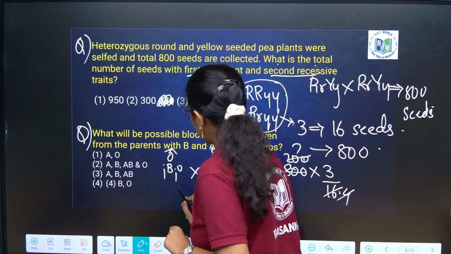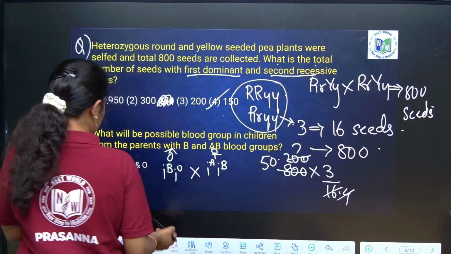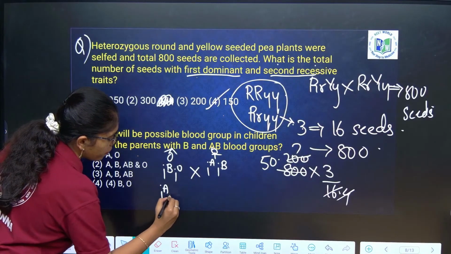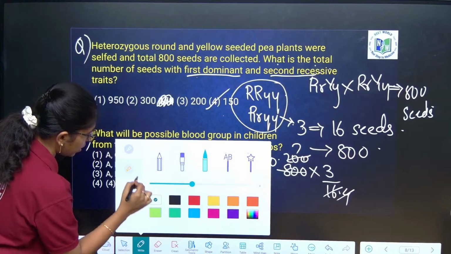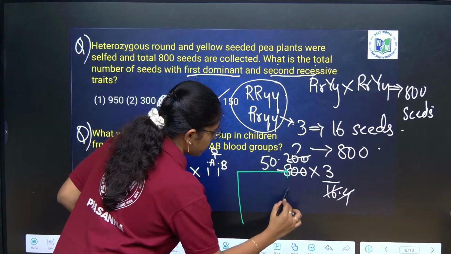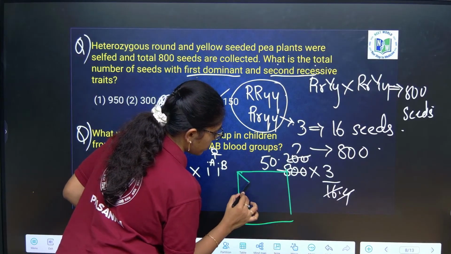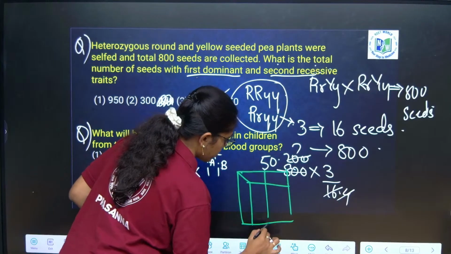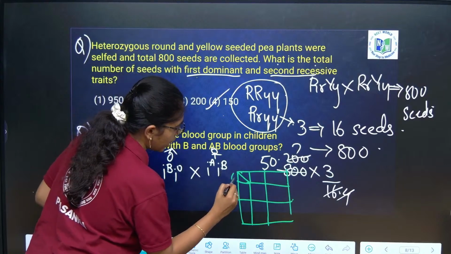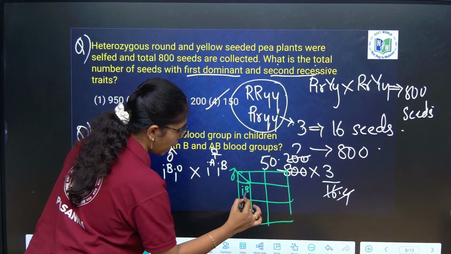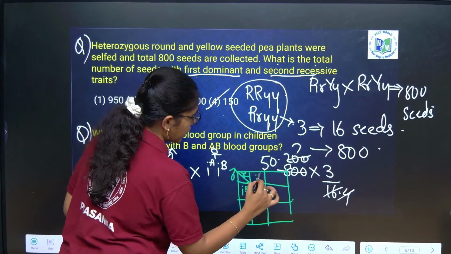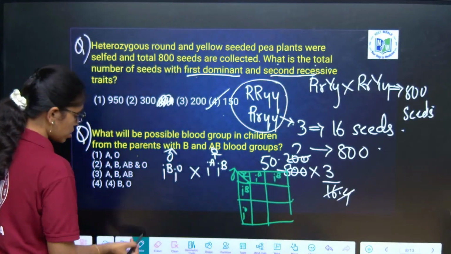It is easy if you can draw a checkerboard. For male, what are we taking? IB and IO. For female, IA and IB. Tell me the combinations.